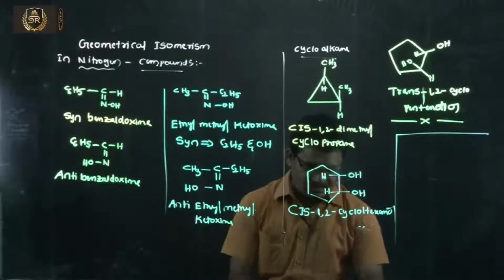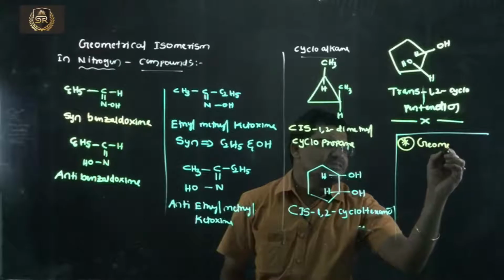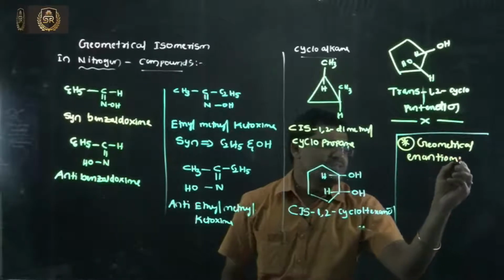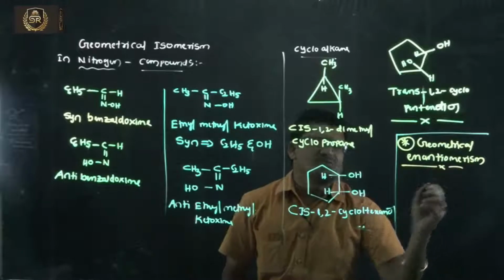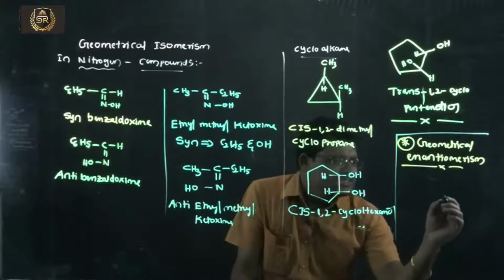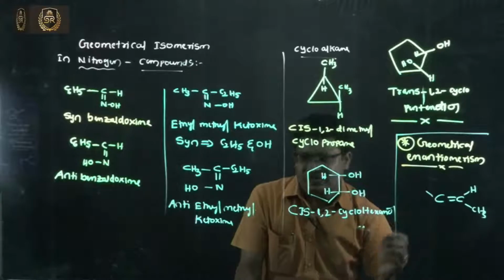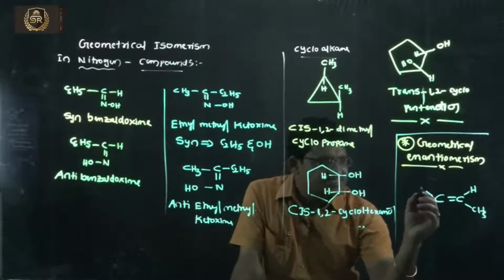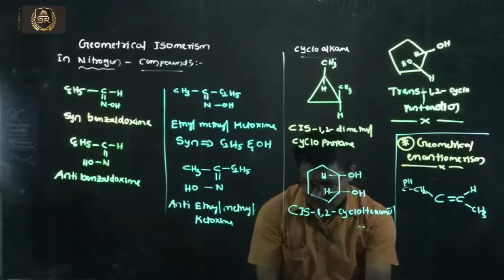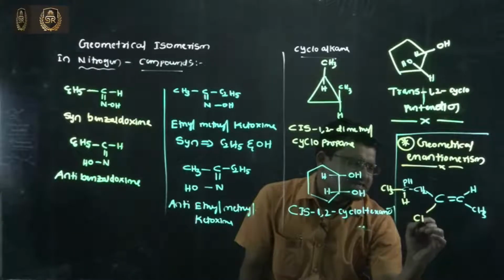In geometrical isomerism, for example, a few compounds are formed like this: C double bond C, this side H, this side CH3, and this side CH2 COH, and one more carbon with CH3 and H, and this side CH3.